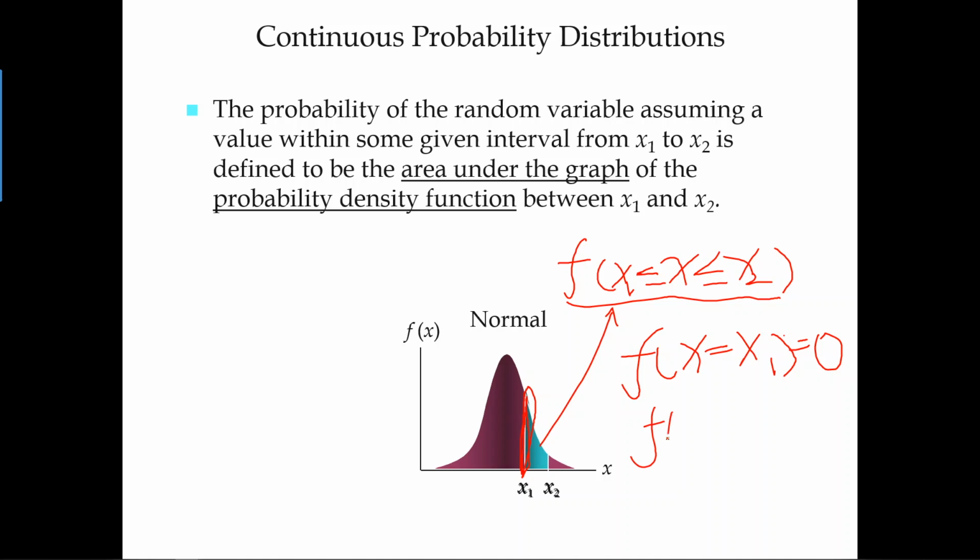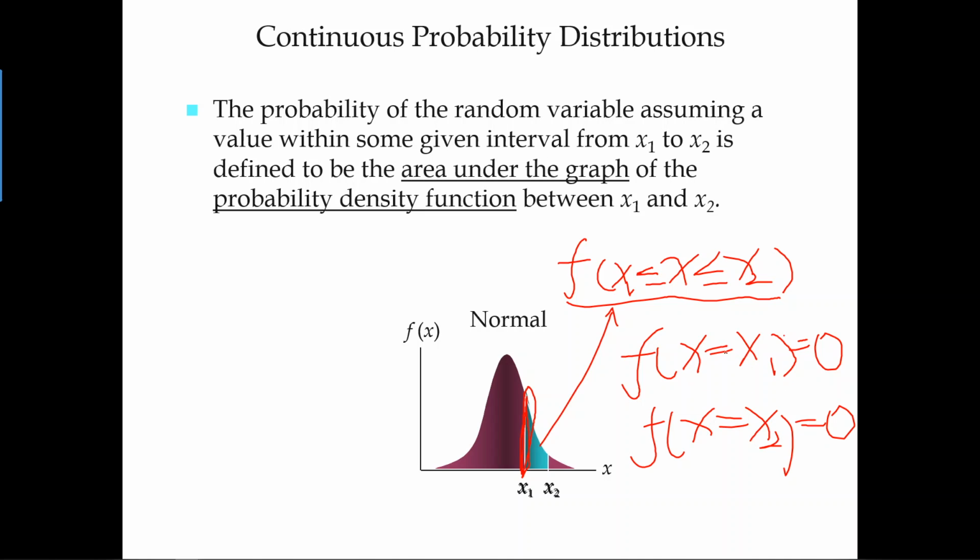The same, x equal to x2 is also equal to 0. So if you deal with a continual distribution such as the normal distribution, x equal to one exact value is always equal to 0.